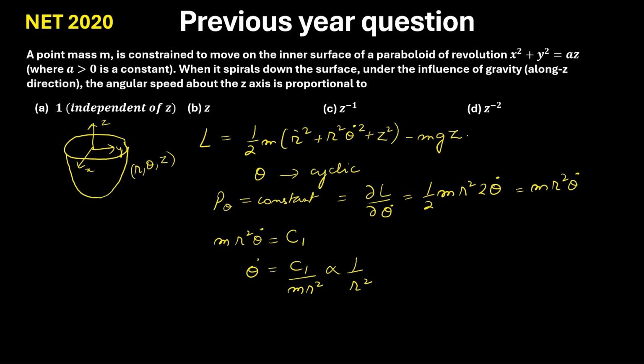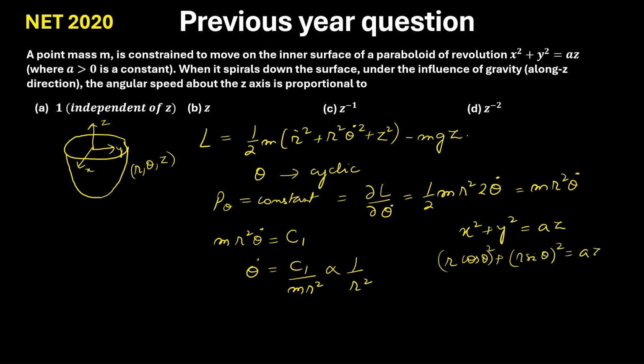Now in cylindrical coordinates, r is the radial position. So we can use this equation, x square plus y square is equal to a times z. Now x we can write as r cos theta whole square plus r sine theta whole square.